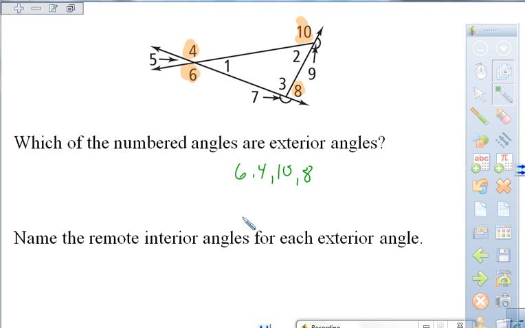Naming the remote interior angles, the remote interior to 6 is 2 and 3. The remote interior to 4 is 2 and 3. The remote interior to 10 is 1 and 3. And the remote interior to 8 is 1 and 2. So maybe I should have organized this a little bit better.